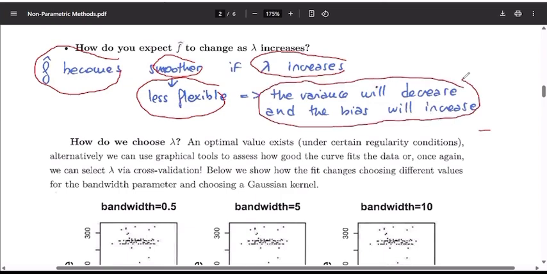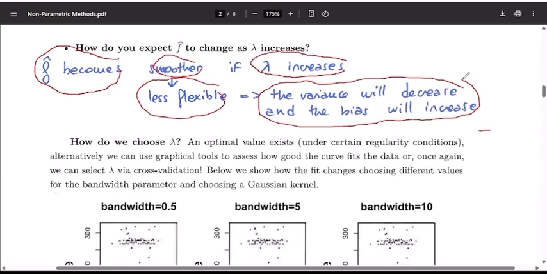The variance will decrease and the bias will increase. In statistics, when variance decreases and bias increases, there's going to be an issue. Issue of what? Interpretability. Because bias is the worst enemy of everyone in the statistical community.